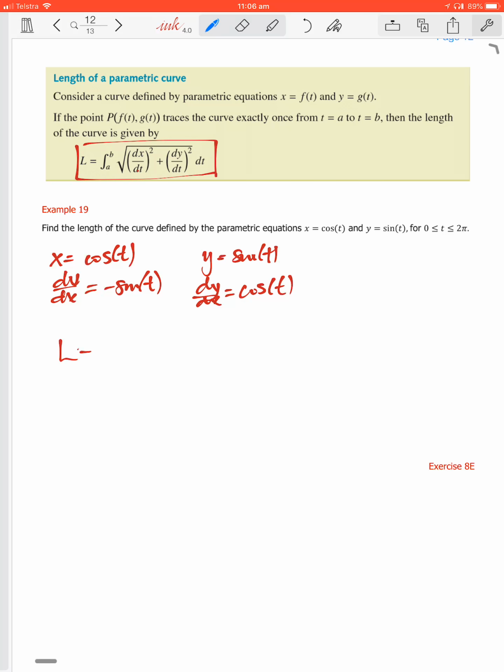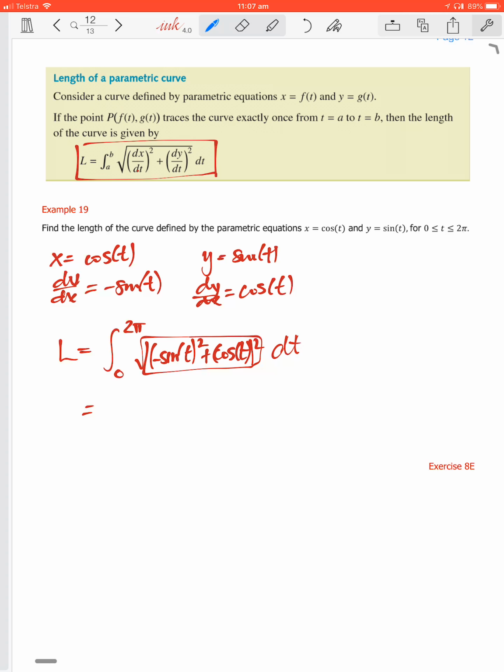Okay, then we use our formula. Length is the integral from 0 to 2 pi of the square root of (dx/dt) squared, so negative sine t squared, plus cos t squared, dt. Now you can see this is going to end up being something nice.